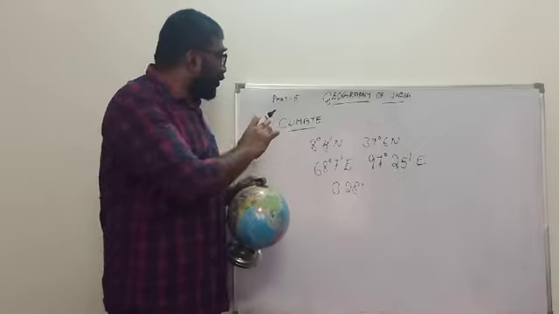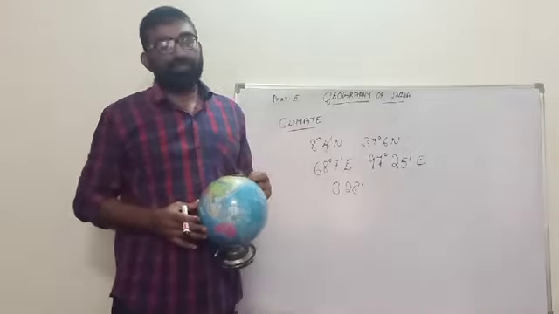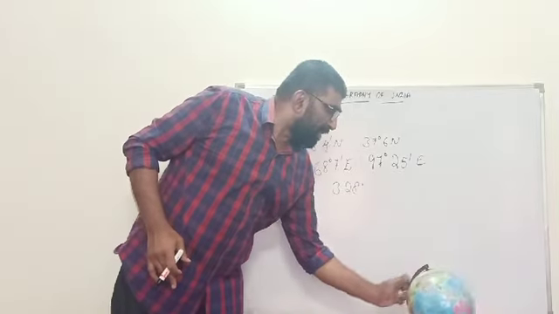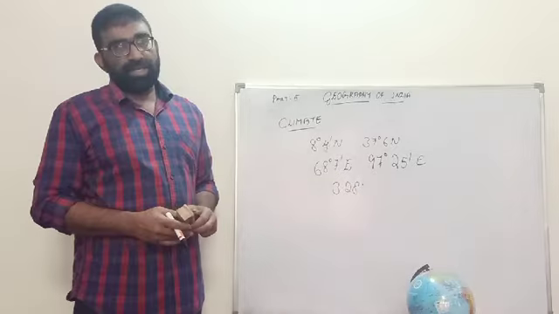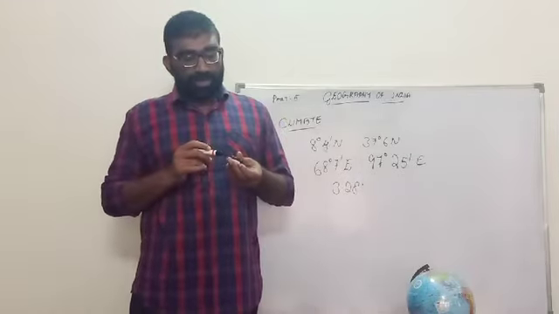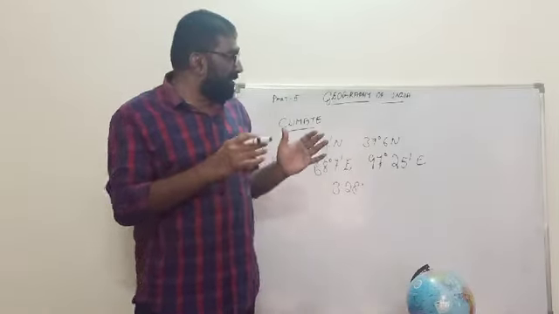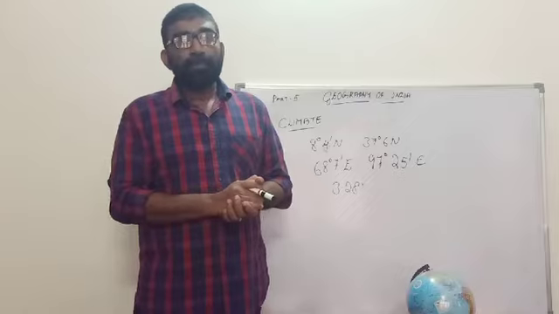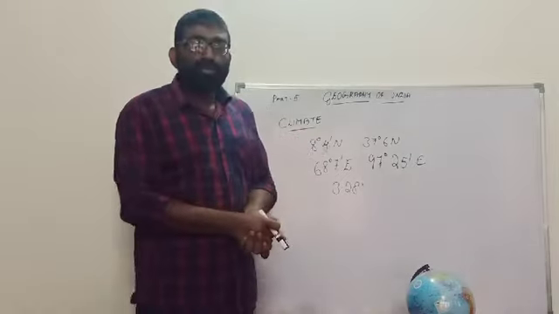Here we are going to discuss the climate of this subcontinent. Our climate is known as tropical monsoon type of climate. So we have seen it is a tropical country and it is located between these latitudes.